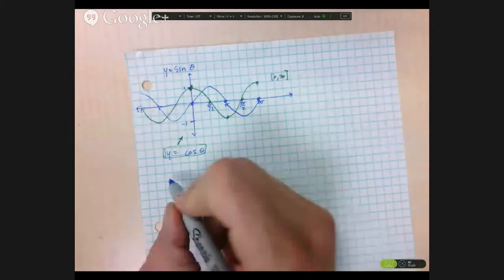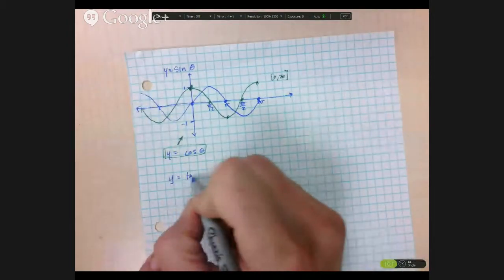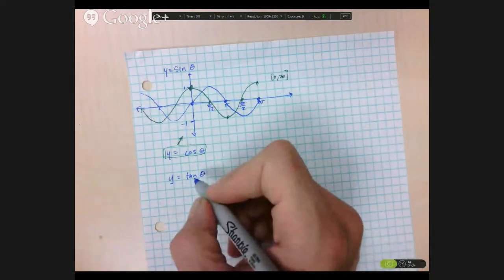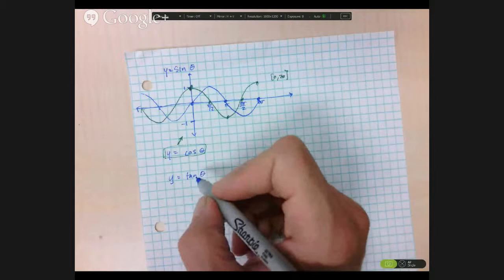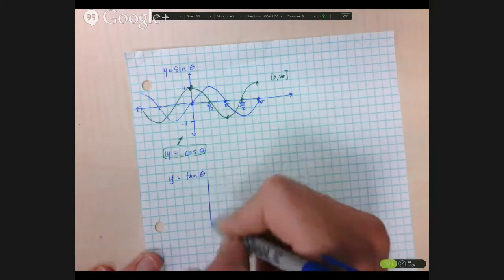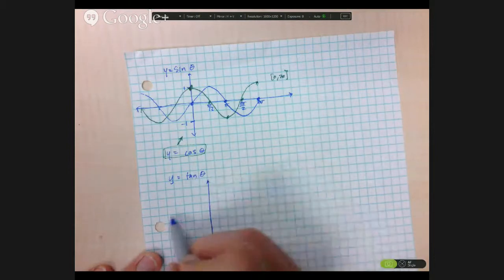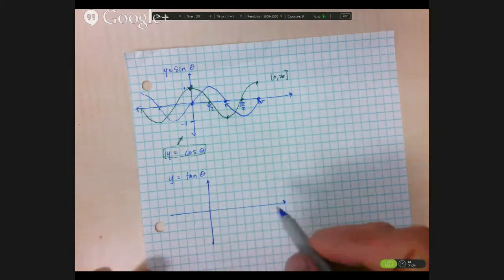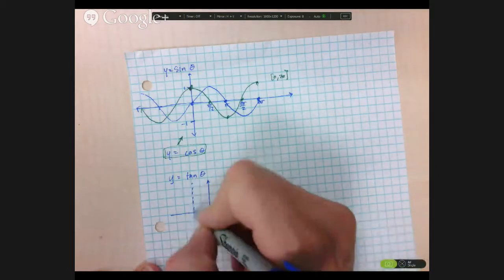Let's look at tangent. These are where it gets a little bit funky. Kind of put your brain in your head. Tangent is undefined in certain spots.